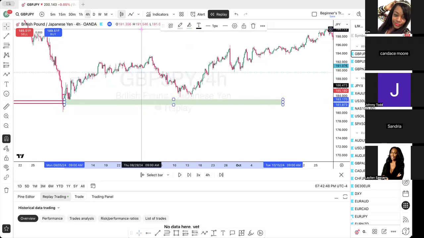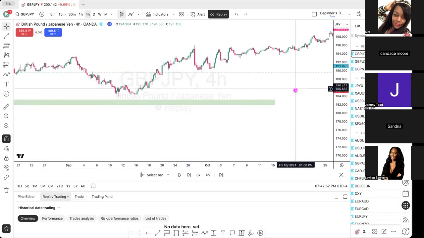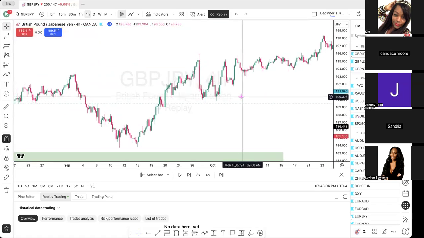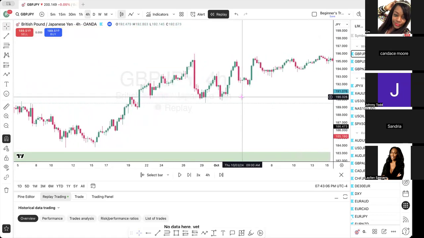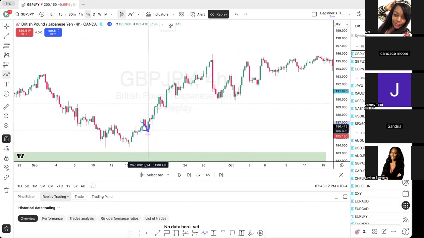But on the 4-hour, and this will all determine if you're a swing trader or an intraday trader. I don't teach scalping, but I'm sure it's the same process. Okay. So with that being said, on the 4-hour, we have structure here.